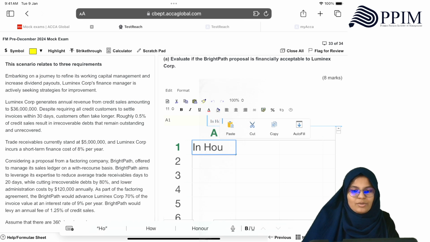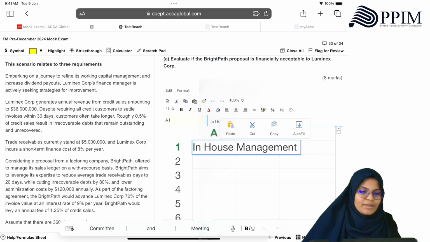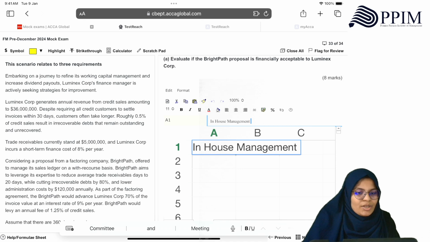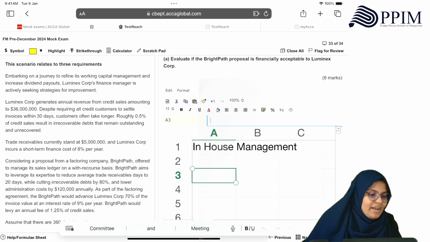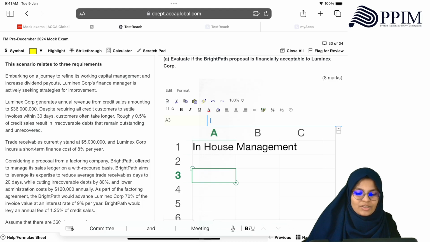Okay, so in-house management. What do we have to incur? First of all, that 5 million receivables figure, you will have to take as a loan. So we will have a short-term finance cost.